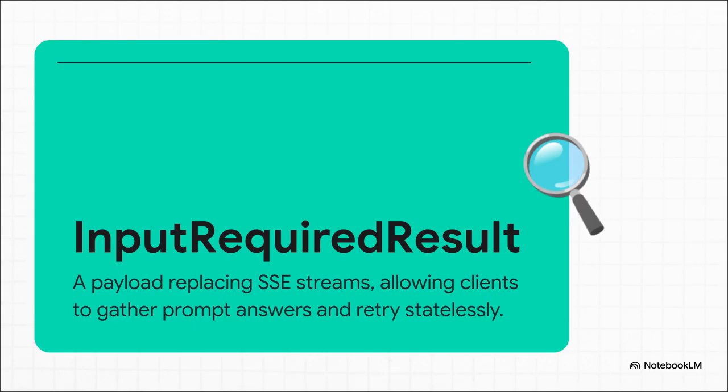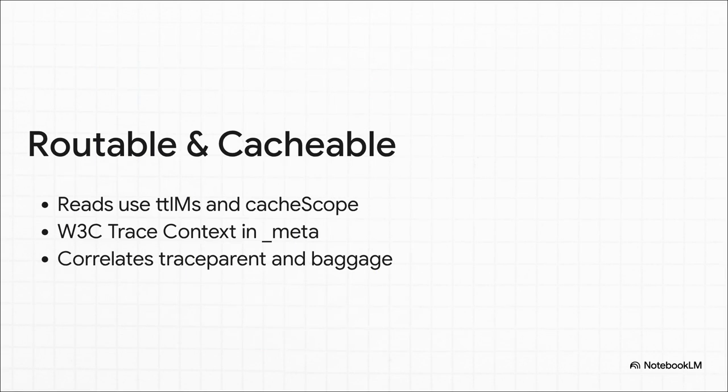The client pauses, gathers the answers from the user, and then completely reissues the original call, packing in the new input responses along with an echoed request state. Because everything is neatly packaged in that payload, literally any server instance in your cluster can grab that retry without missing a beat. And because all of this traffic is now stateless, it becomes wildly cacheable.